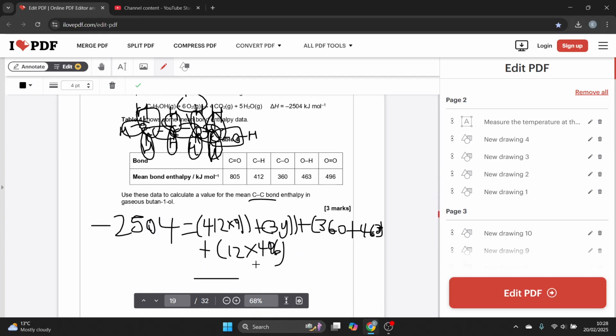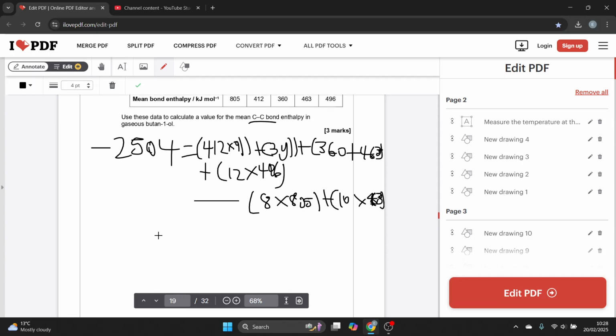So I've got C=O 10, so it's going to be 8 times 805 plus 10 times 463. Okay, collect like terms.